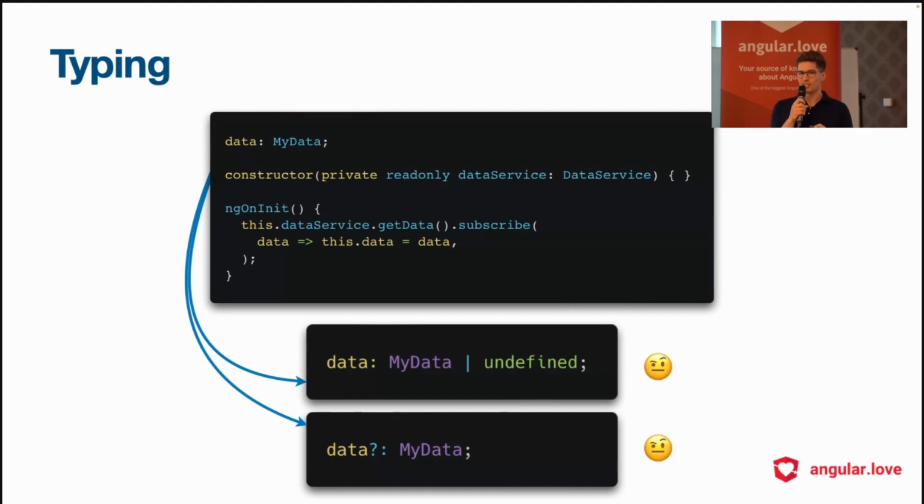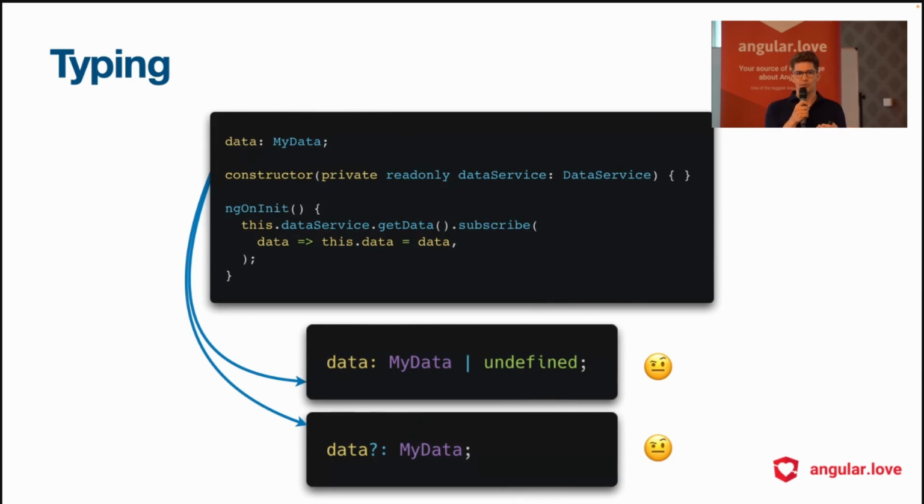We need to acknowledge that in our typing system. We can do this in two ways. We can use implicit typing, where the type is MyData or undefined, or we can use the optional syntax. It really doesn't matter, because after all, it makes the property optional, which is great. It will fix our compiler issue, but what's really bad about that is the intention. Look at what we are presenting to other developers.